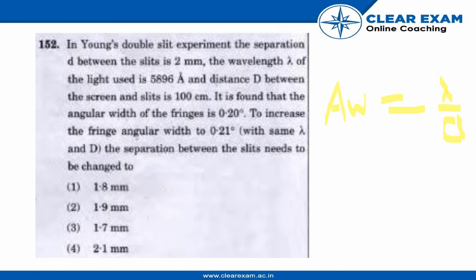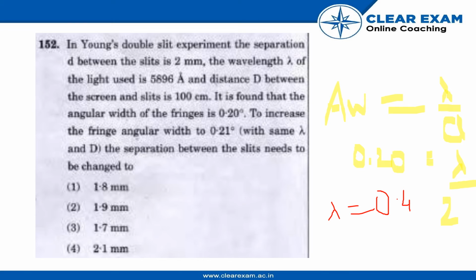Now the angular width is given, which is 0.20, and lambda upon distance will be the 2 mm. So the lambda will be 0.4. So the lambda we have found is 0.4 degree.